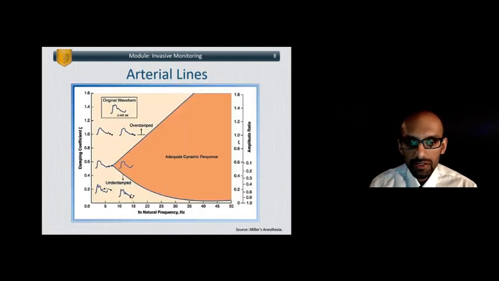And you'll see this frequently in a variety of different anesthesia textbooks. It's the concepts of damping and natural frequency. And if you recollect from my lecture from the basic exam series on physics and monitors, frequency, this natural frequency, this is a property of anything in the universe. The more homogeneous something is on a molecular level, the more it has a natural frequency that can be observed.